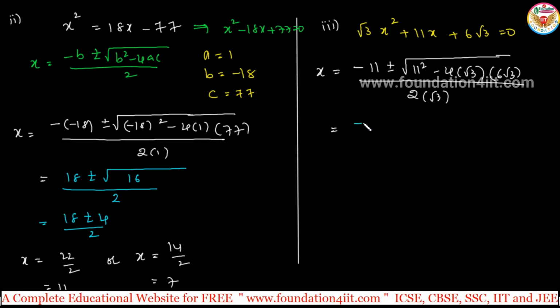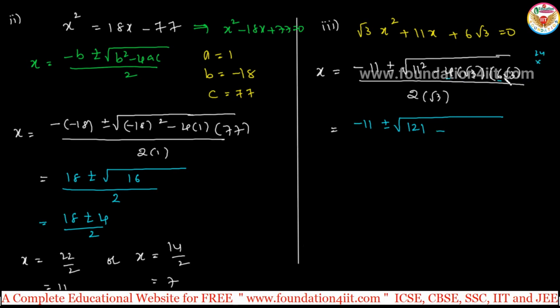So minus 11 plus or minus under root 11 square is 121 minus 4 into root 3 into 6 root 3. So 4 is the real number, 6. 4 into 6, 24 times root 3 into root 3 is 3 again. So 24 into 3. 4 is 12, 1, 6. So 72.